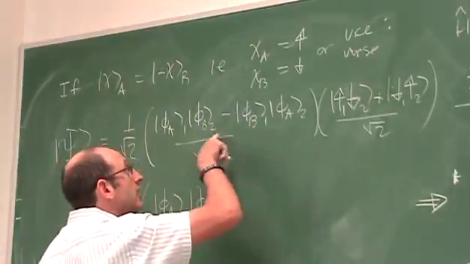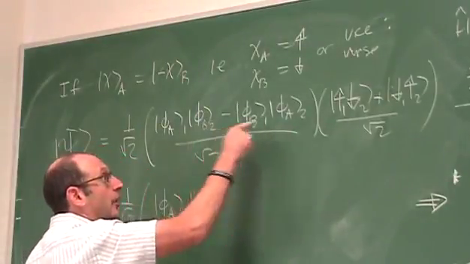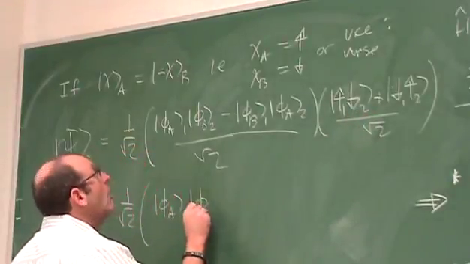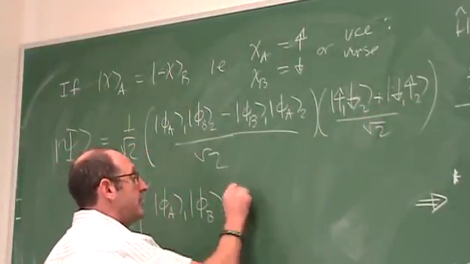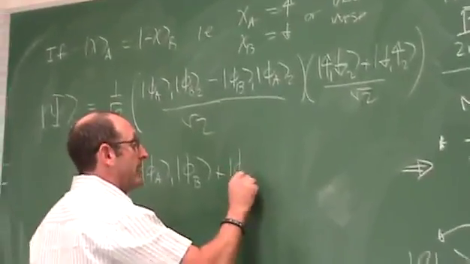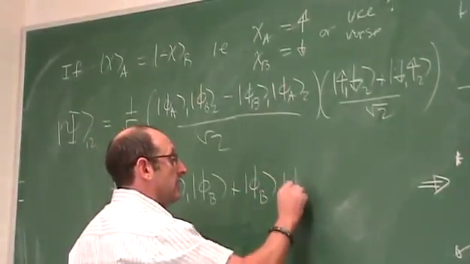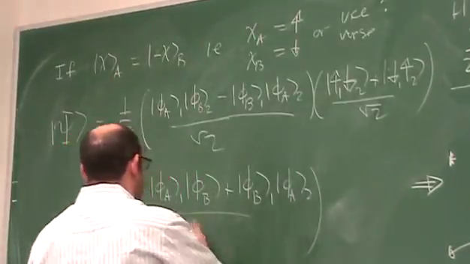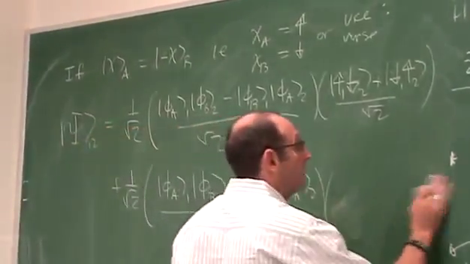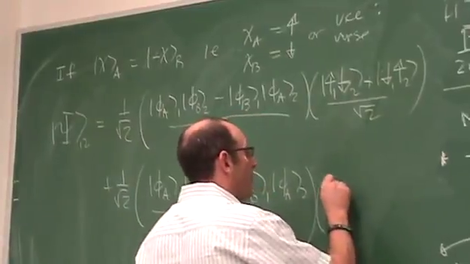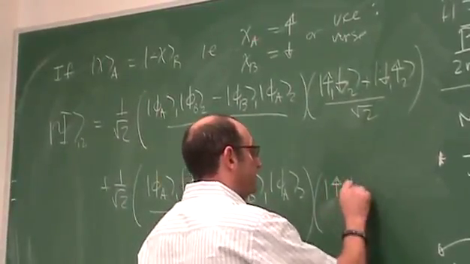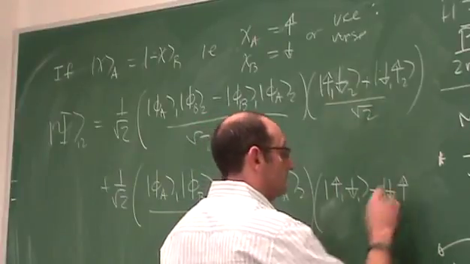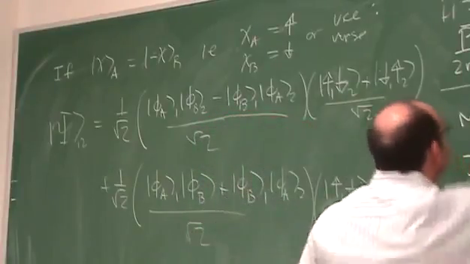Either we have the antisymmetric spatial wave function, which is paired with a symmetric spin pairing, or we have a symmetric pairing of the spatial orbitals correlated with the antisymmetric pairing. I guess I'll come back to this.